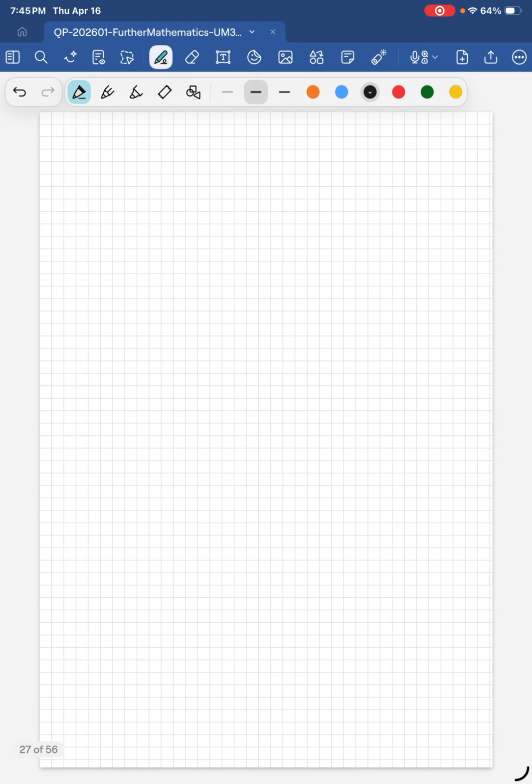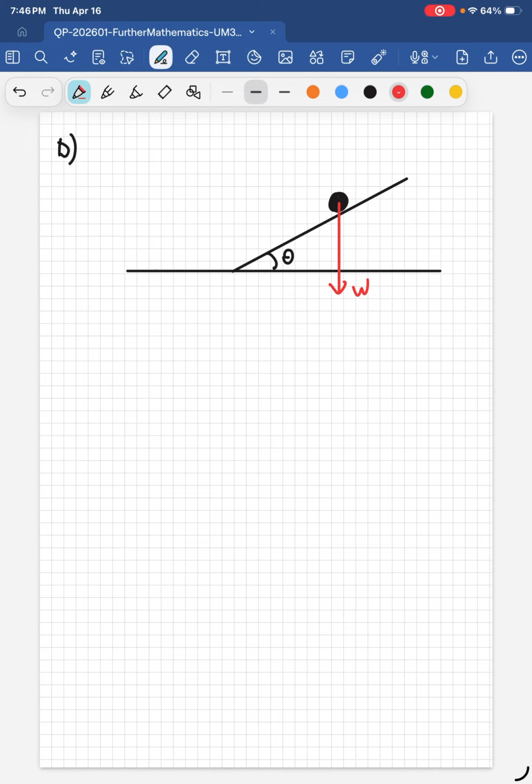Okay. So we will need a new scheme because now the situation has changed. So this is still the floor, the banked curve, same as before. Theta, the motorcycle is this particle over there. The weight is again down, of course. We still have the reaction force, right?